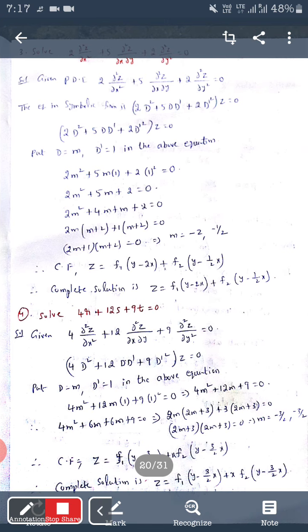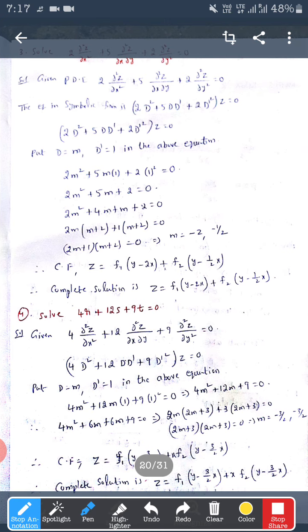Consider another example. 2 into dou square z by dou x square plus 5 into dou square z by dou x dou y plus 2 into dou square z by dou y square. After writing this in symbolic form, the equation is changed into 2 D square plus 5 D D dash plus 2 D dash square into z is equal to 0. Here I am writing m in place of D and 1 in place of D dash. This equation becomes 2m square plus 5m plus 2 is equal to 0.